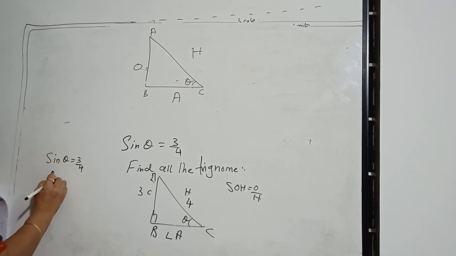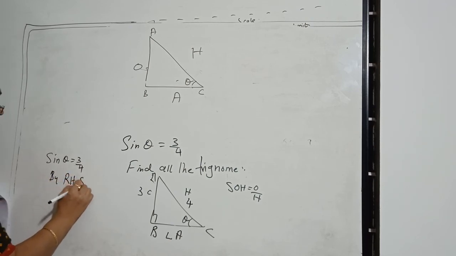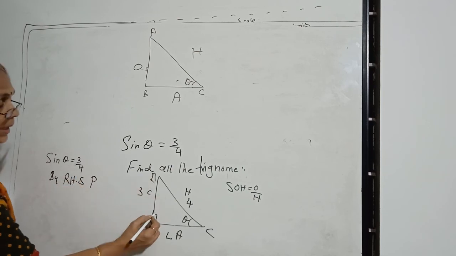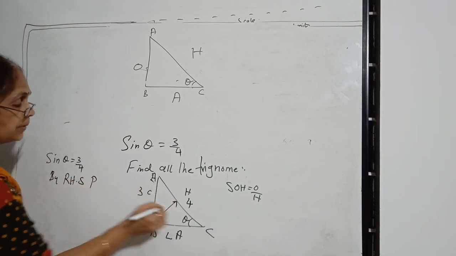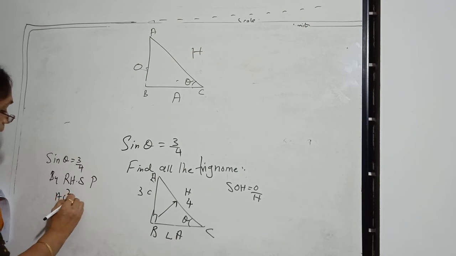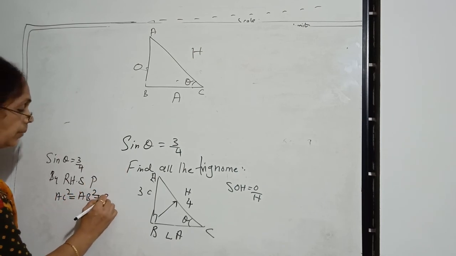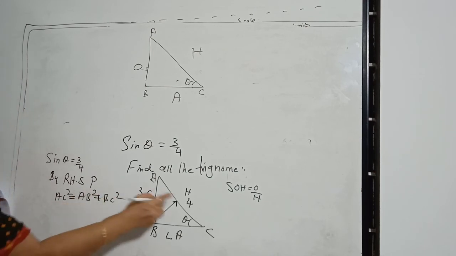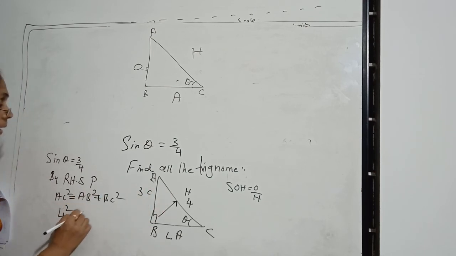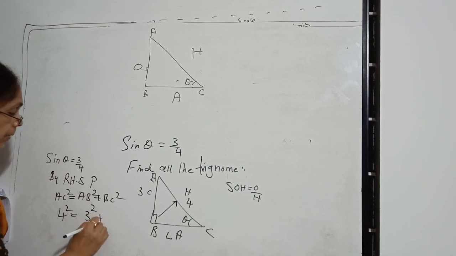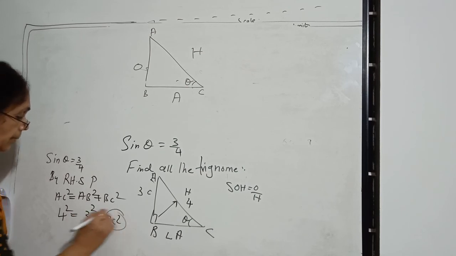By Pythagoras property. So this is 90 degrees, so this is the hypotenuse. AC square is equal to AB square plus BC square. AC square is given as 4 square. AB is given as 3 square plus BC square you have to find out.